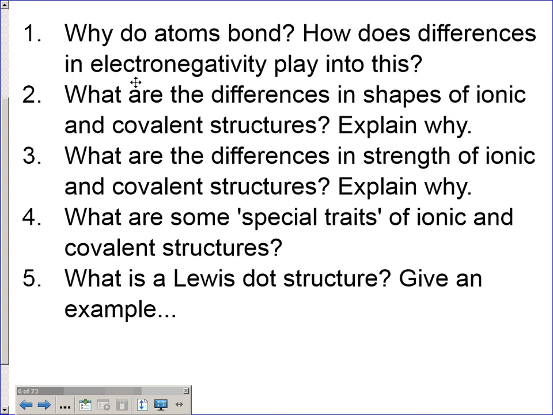So the more electronegative is, the more... Oh yeah, covalent structures, they're not strong enough to pass electrons, but ionic structures are.